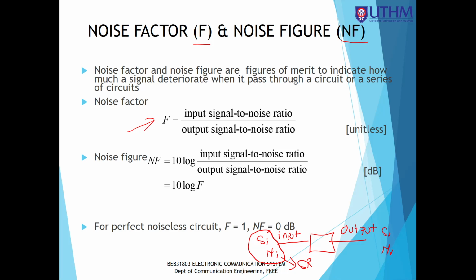So this is SNR I for the input, and So over No, this is what we call SNR O for the output. SNR on the output side, and on the left side is the SNR on the input side. So there are actually two SNRs.